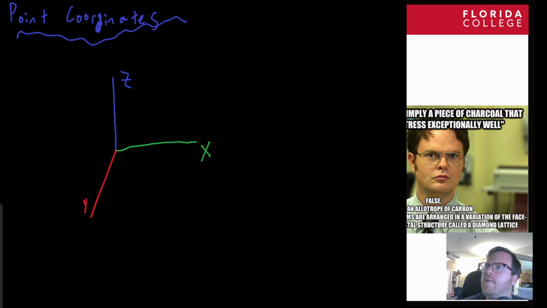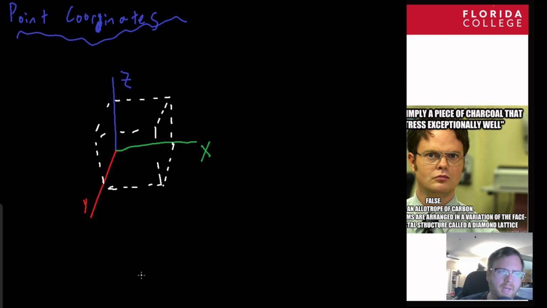And then inside of our Cartesian coordinate system, we're going to have our unit cell. So I'm just going to draw that real quick. Okay, so we've just got a little box, right?